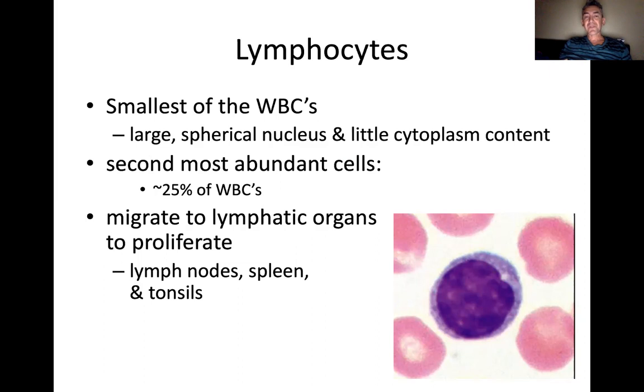We don't find them very much in circulation. They hang out in lymphatic organs. And why do we call them lymphatic organs? Because they are inhabited by lymphocytes, right? So the lymphatic system, lymphatic organs, lymph nodes, spleen, tonsils, are inhabited by these little agranulocytic leukocytes.